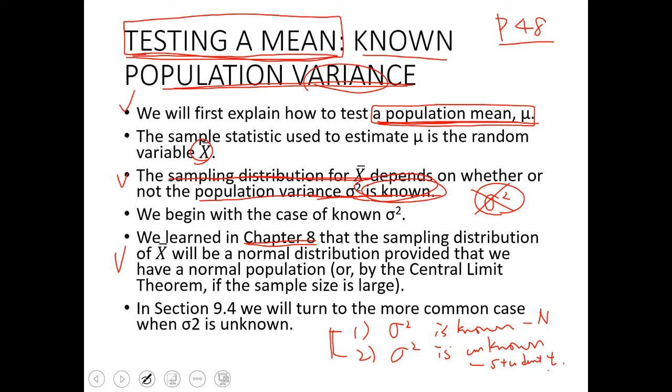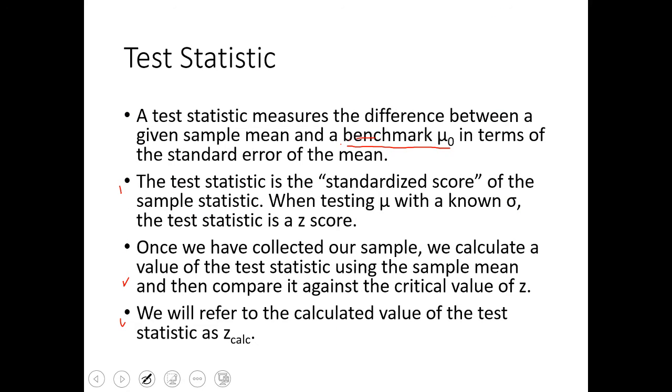So first, let's assume that we know the population variance and check the examples. We need a test statistic. If this test statistic is not extreme, then we can accept the null hypothesis. If this test statistic is extreme, then we reject the null hypothesis.